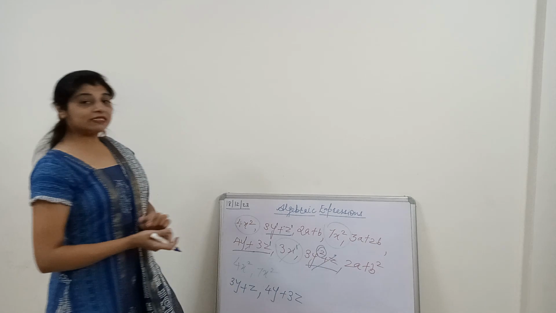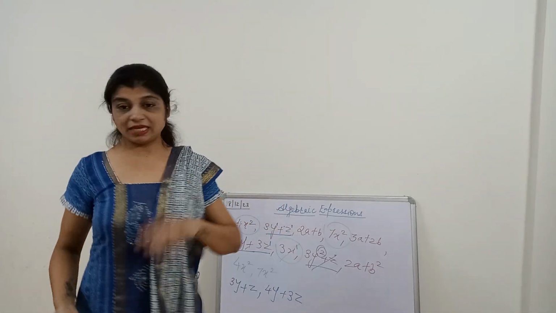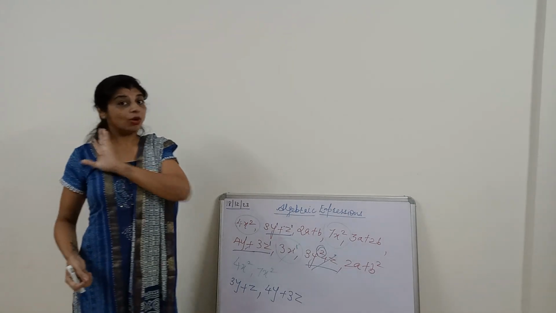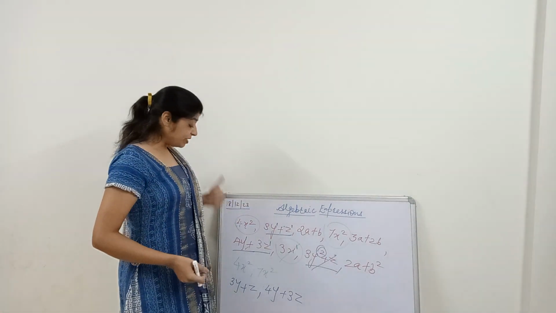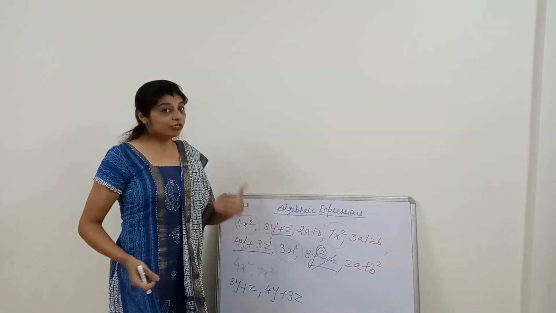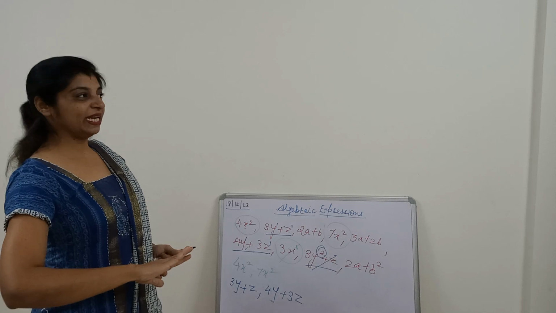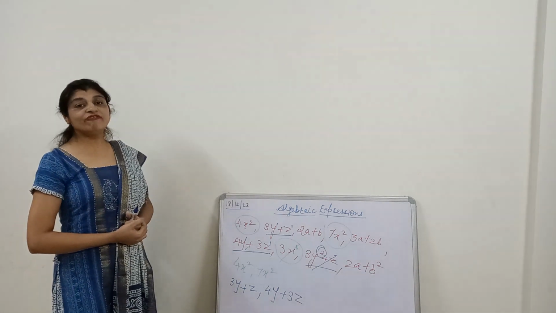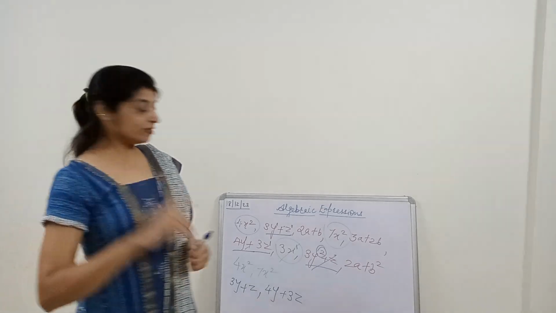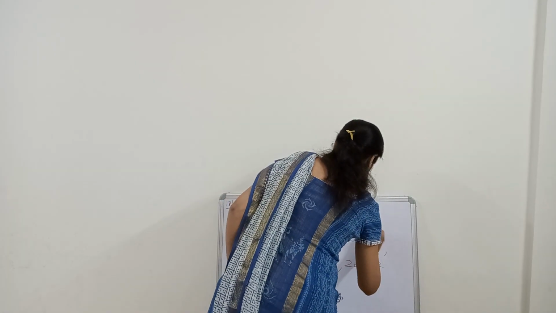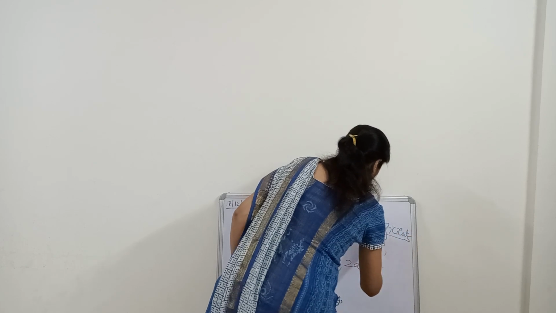Now the question arises: ma'am, you said same variable and same power. Yes, I had not spoken about the number written before the variable. The constants which you write before the variable are known as coefficients. C-O-E-F-F-I-C-I-E-N-T, coefficients.